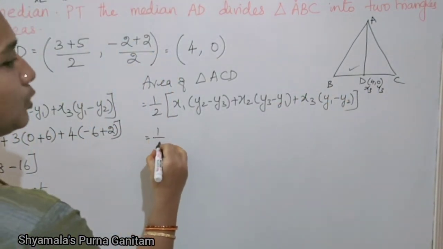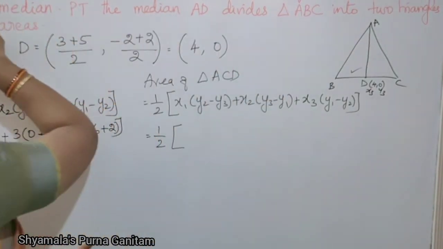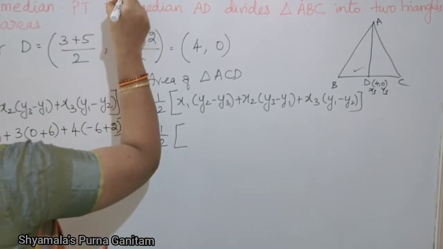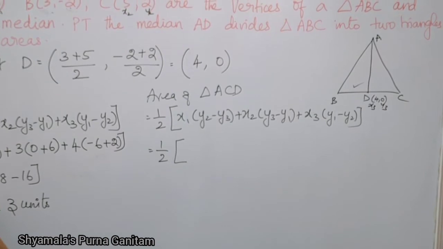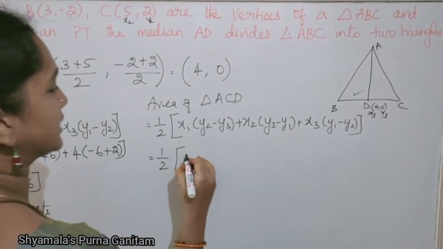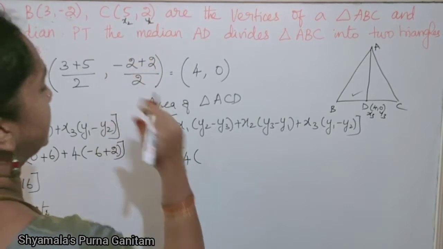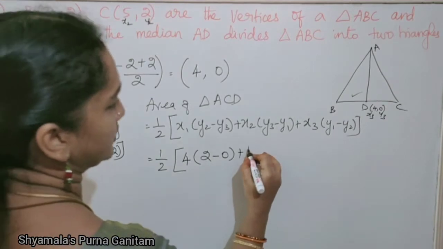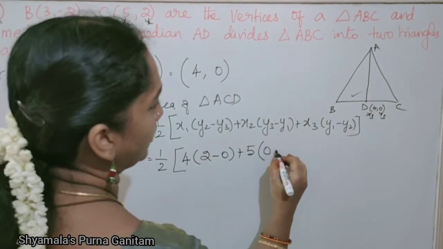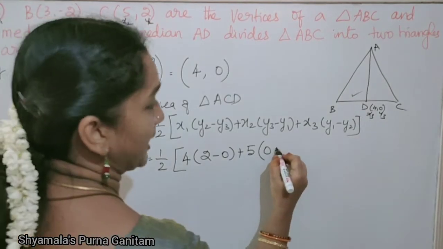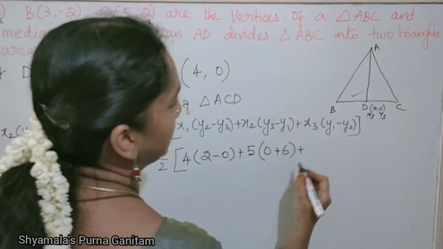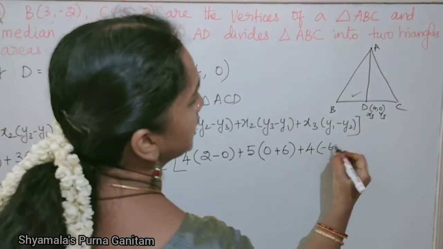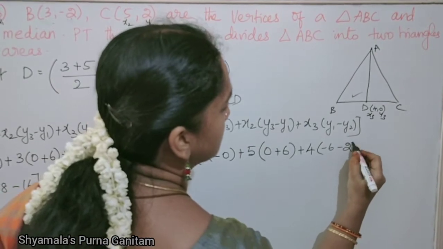Same x1, y1, we can take A, and instead of B we will take C as x2, y2. So x1 is 4, y2 is 2 minus y3 which is 0, plus x2 is 5, y3 is 0 minus y1 which is 6, minus 6, so minus of minus is plus. Plus x3 is 4, y1 is minus 6, y2 is 2, minus 2.